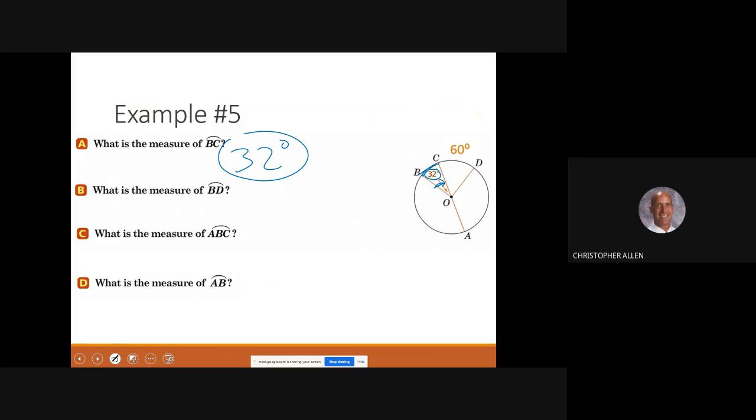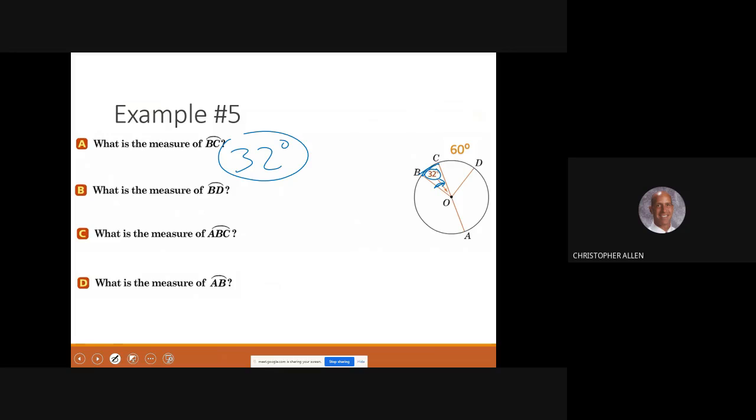Can someone else that's on the virtual side of things help us out here? What is the measure of arc BD? Caleb, Jacob, Riley, Liliana, Andy. Can anyone tell me what the measure of arc BD is? You can type it in the chat if you're shy.